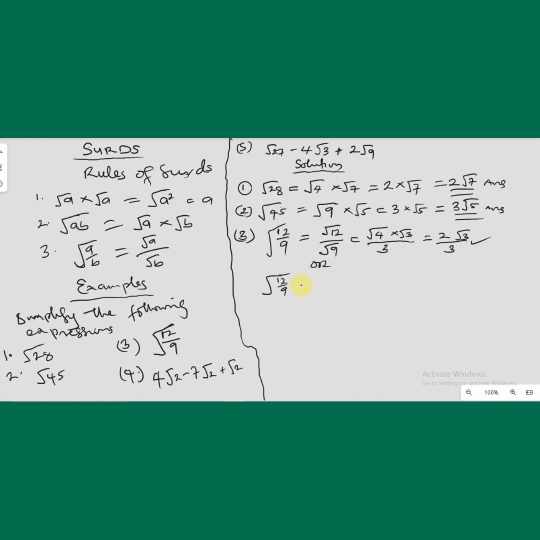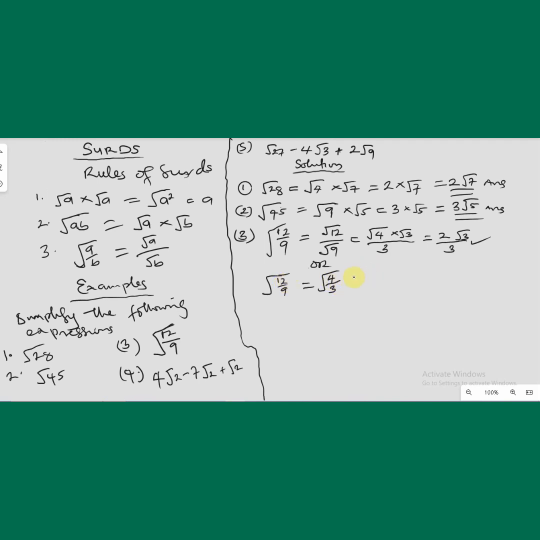Doing that, 12 divided by 3 is going to be 4, and 9 divided by 3 is going to be 3. So this is 4 over 3, because you know that 3 times 3 is 9, 3 times 4 is 12.